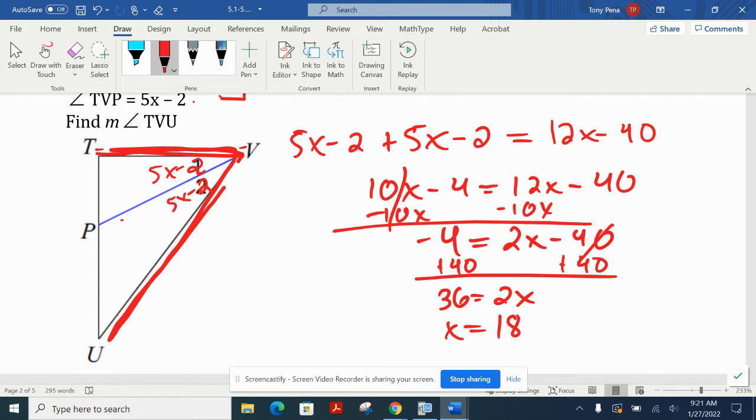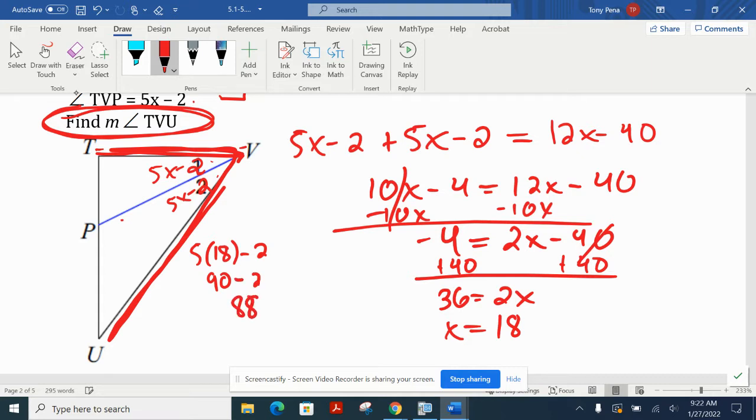And again, with all these, make sure you're answering your question. We want that big overall angle. So find angle 1, find angle 2, and we need to add those together. So if we plug in 18, it's 5 times 18 minus 2, which is 90 minus 2.